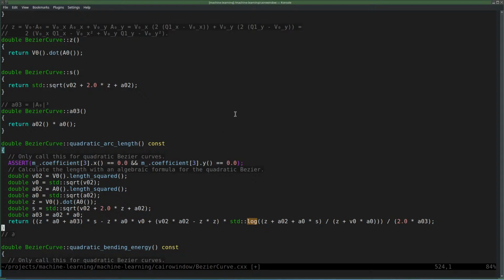Anyway, Gemini was right, and we can apply the chain rule here. So I need to calculate the partial derivative of each of these variables with respect to v0x and v0y, and then multiply that with the partial derivative of v0x and y respectively with respect to alpha 0, and then add everything up, something like that.